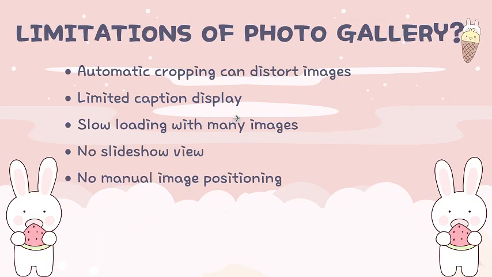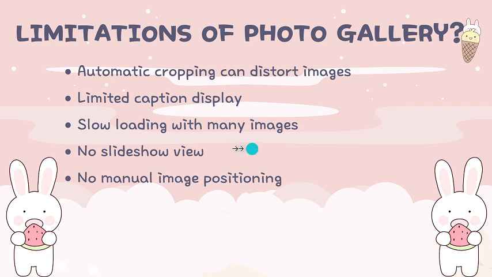Limitations of photo gallery. So automatic cropping can distort images. That means it could spoil your image, because the photo gallery already crops all the images. Then you have limited caption display. The caption only shows down, as we saw on that image.